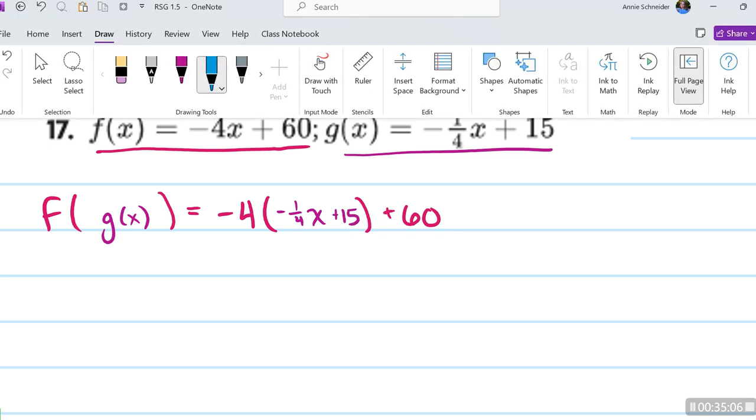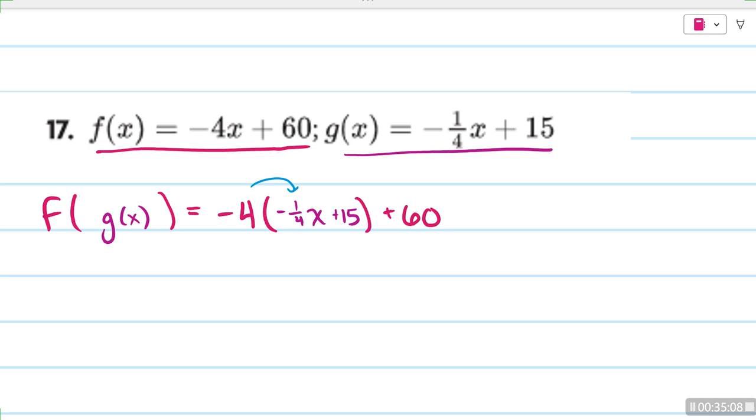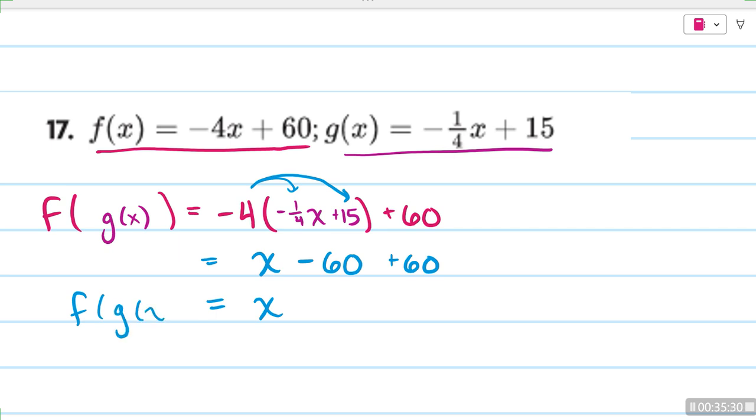So now I distribute. Negative times negative gives us a positive. 4 times 1/4 is 1, so positive 1x, or just x. Negative 4 times positive 15 gives us negative 60. And then I have this other 60 at the end. So negative 60 plus 60, those reduce to 0. So I'm just left with f of g of x equals x.